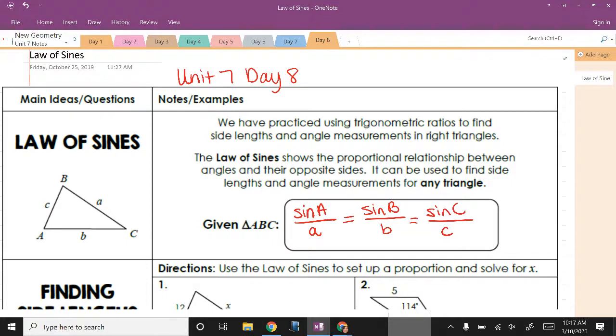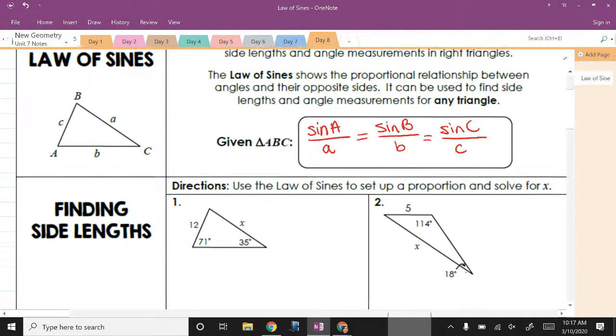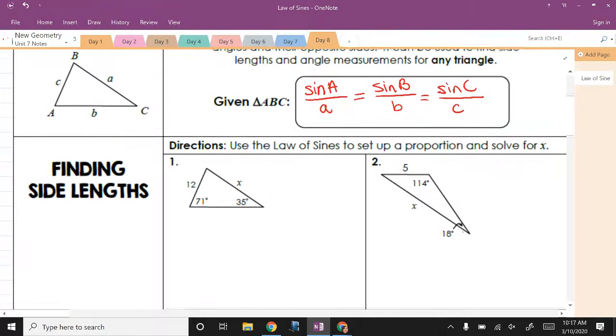Now you're not going to have three strung across. We're going to end up with just two, but it shows that these are all equal ratios. They're all proportional. This might make sense after we see a problem. It's actually really simple. The law of sines is a simple concept.